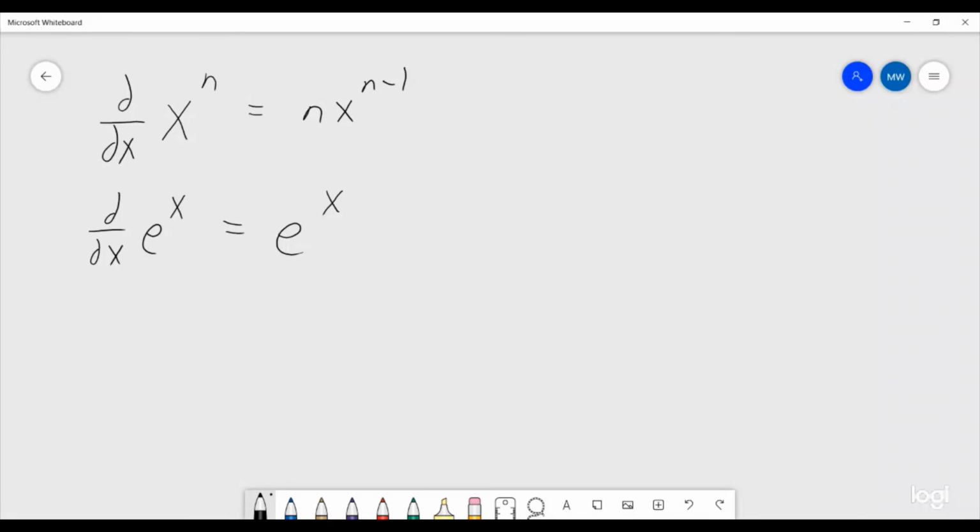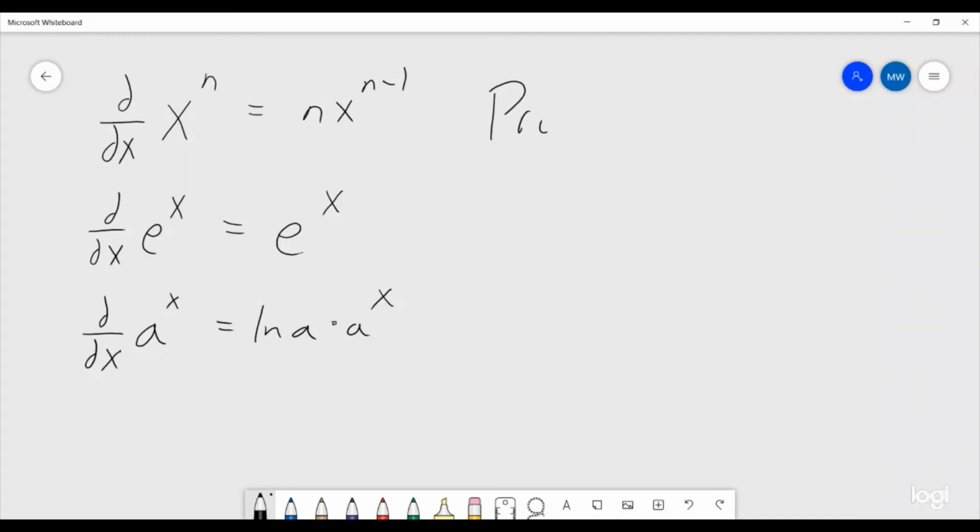Let's see, what are the other ones that you've talked about? You might have covered the derivative of a constant to the x. That's going to be the natural log of the constant times a to the x. And then you probably will have talked about the product rule and the quotient rule.